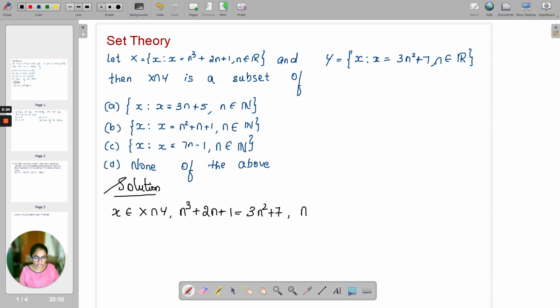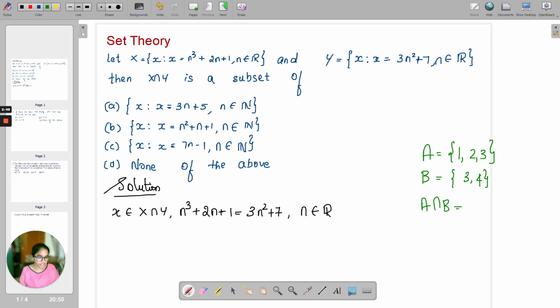Now if you ask me how this step came, let me take an example. Say A is equal to {1, 2, 3} and B is equal to {3, 4}. Now what is A intersection B?